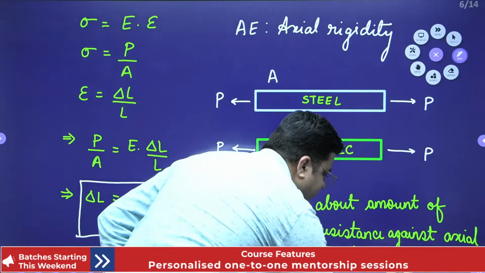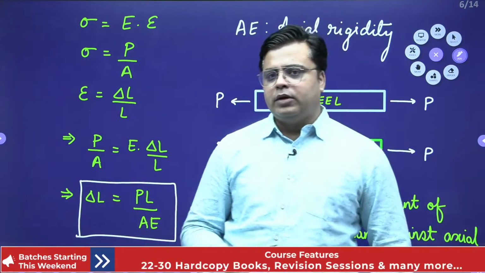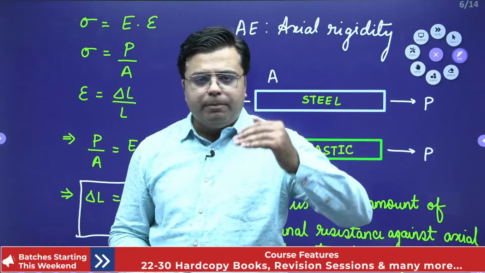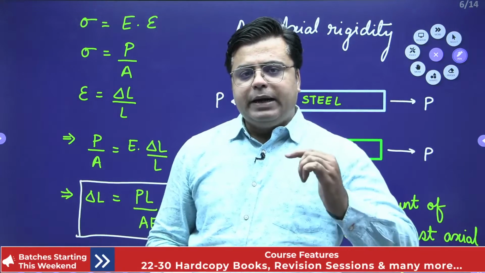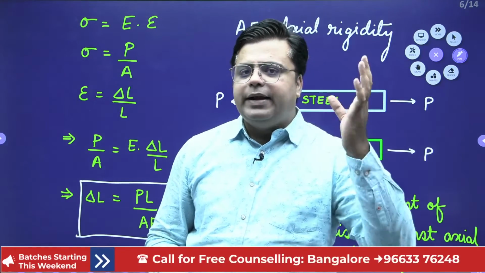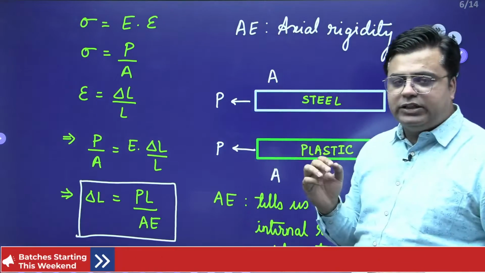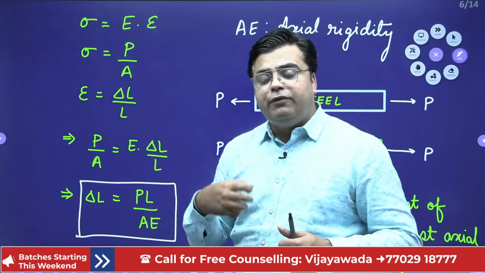If any statement comes in your GATE exam or any technical exam where you need to compare members depending on their axial rigidity, you will clearly identify that whichever member has more axial rigidity will be more difficult to deform.